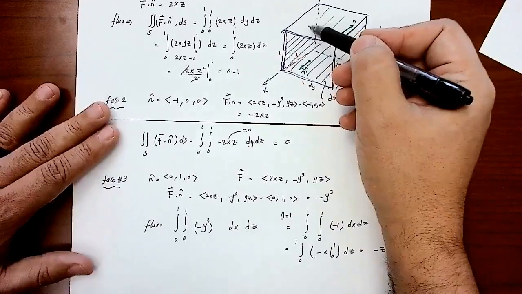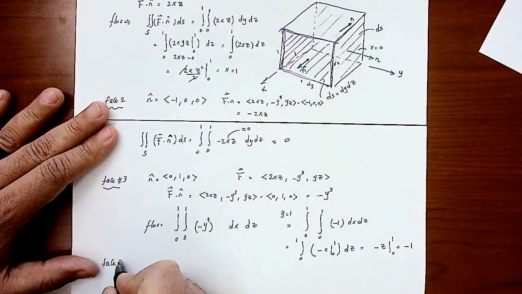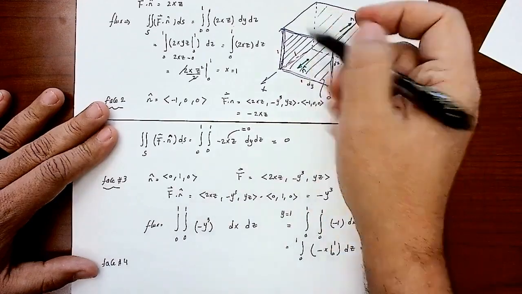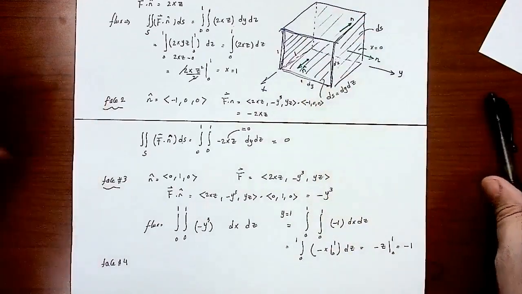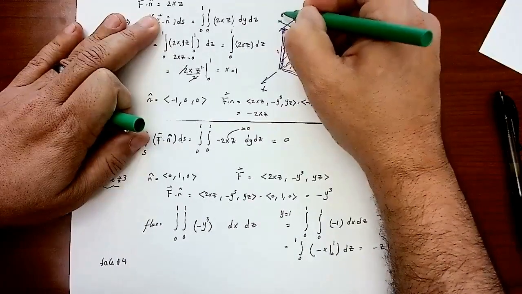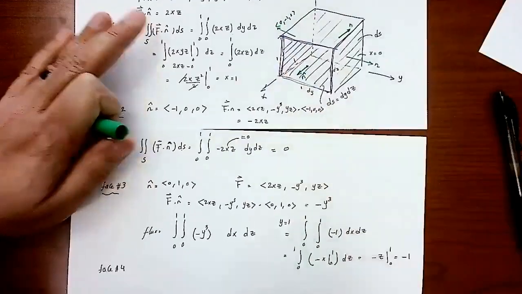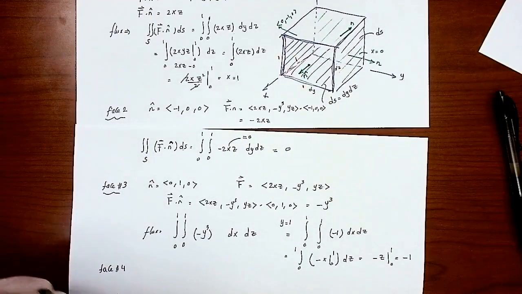Face 4 is in the back. The normal vector will be 0, minus 1, 0: 0 in the i, minus 1 in the j, and 0 in the k.